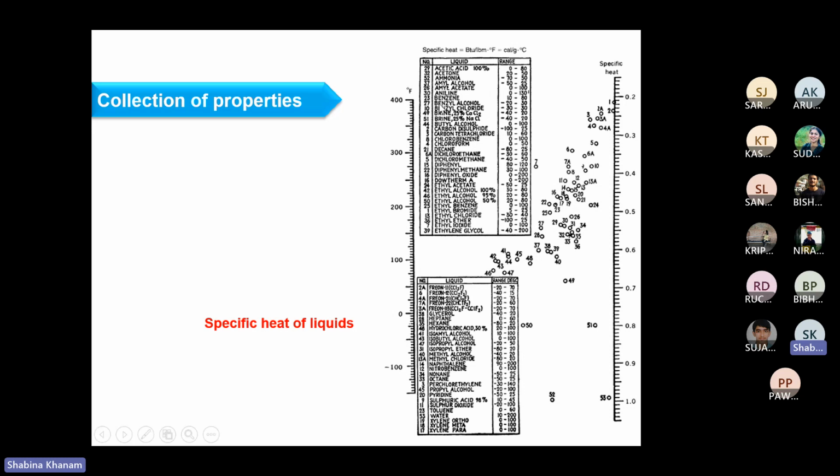Benzene corresponds to number 23, and you can locate the 23 spot over here. Next, we need this scale where the average temperature is available. The average temperature in this case is 140.